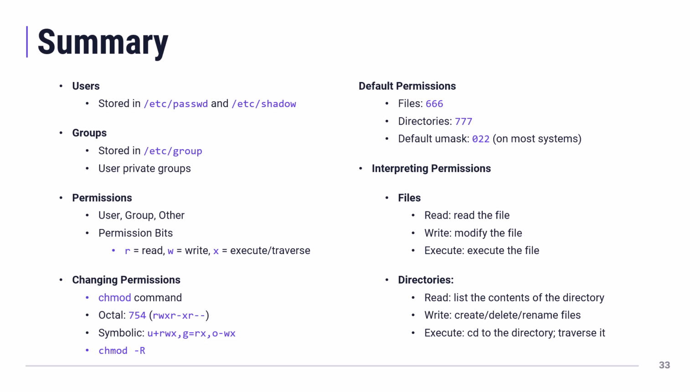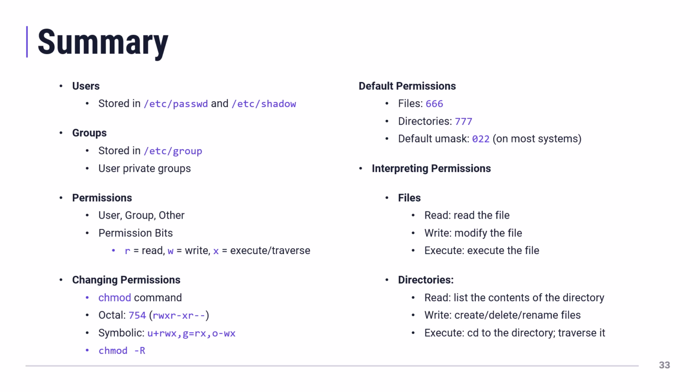We saw that Linux divides the set of all system users into 3 sets, so user, group, and other. Took a look at the different permission bits, read, write, and execute, or we now understand it's also traverse for directories. Saw the chmod command, and that we can represent permissions as either octal or symbolically using the UGOA notation. Saw recursively changing permissions with chmod -R.